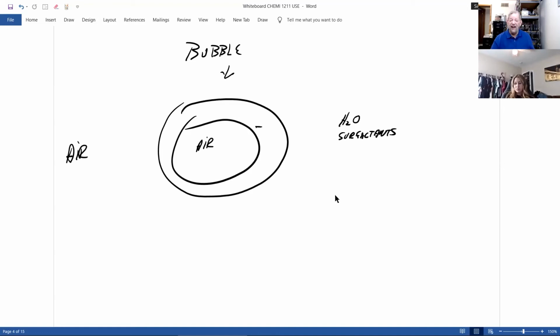Now, what's the surfactant? Essentially, it's like a soap, or it can be a soap. You have a non-polar tail and a polar head.